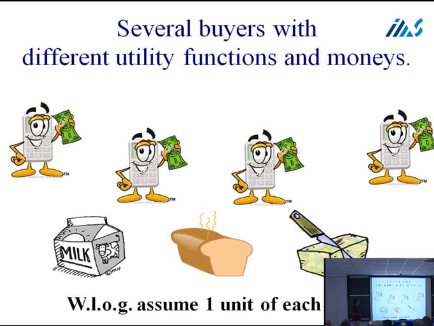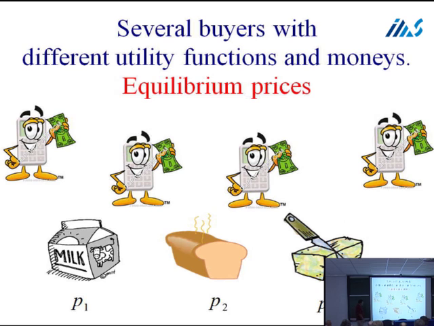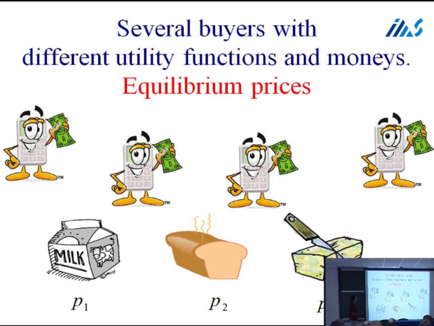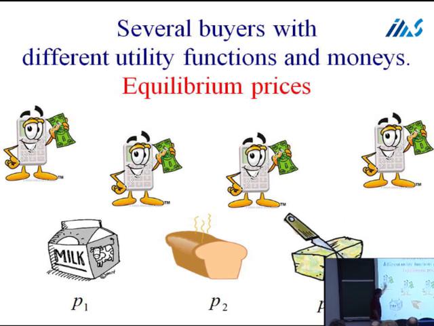And the whole question is, are there prices p1, p2, p3 for these goods so that if each of these people is given an optimal bundle of goods relative to these prices and for the amount of money that they came to the market with, then they go back with an optimal bundle, and the market clears, which just means that every good is sold to the last drop because it's all divisible, and every money is spent to the last cent. Okay, so that's a market clearing condition, and these prices are called equilibrium prices, and they exist. That was the Arrow-Debreu theorem.